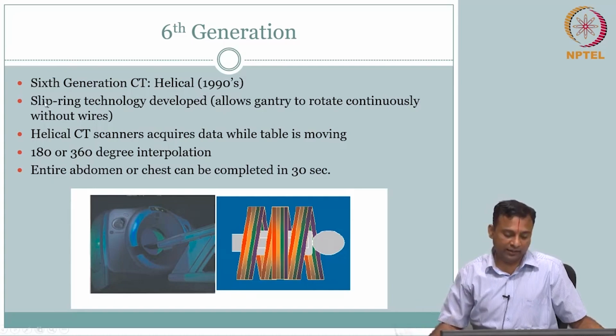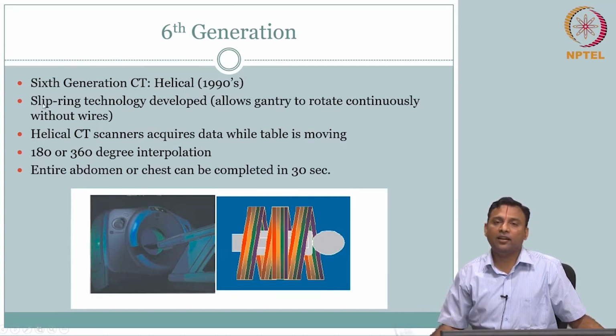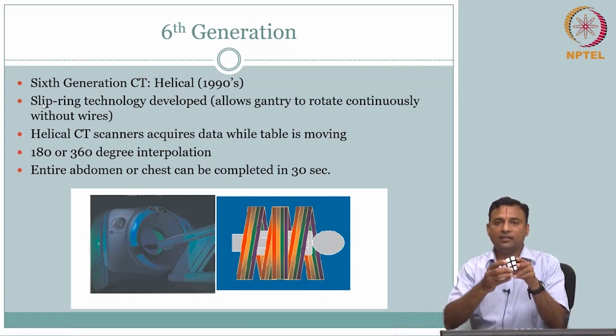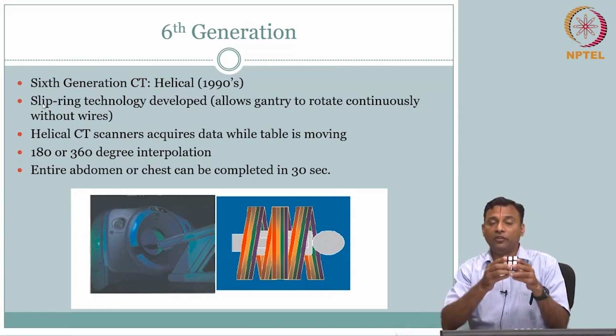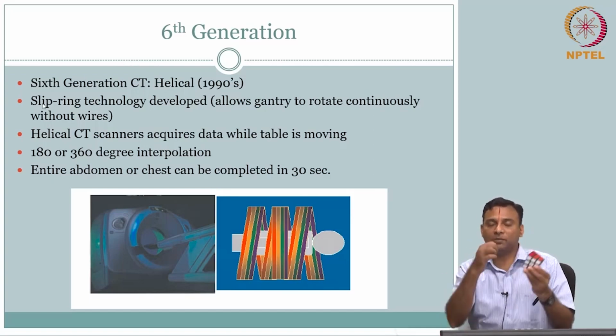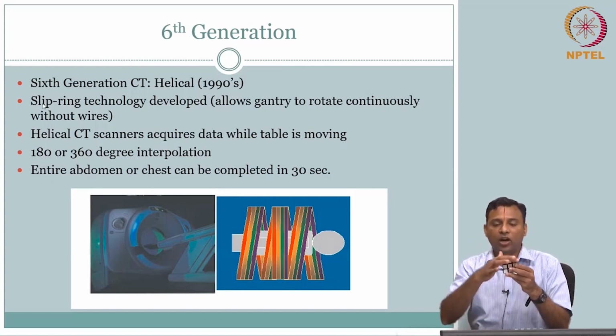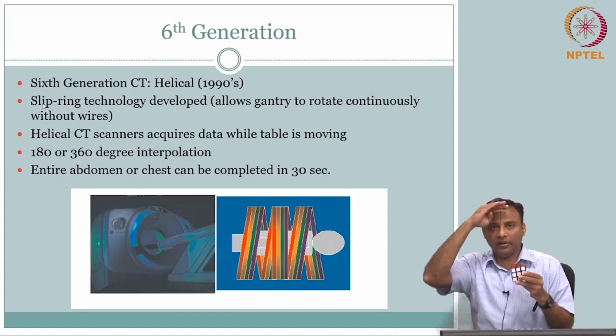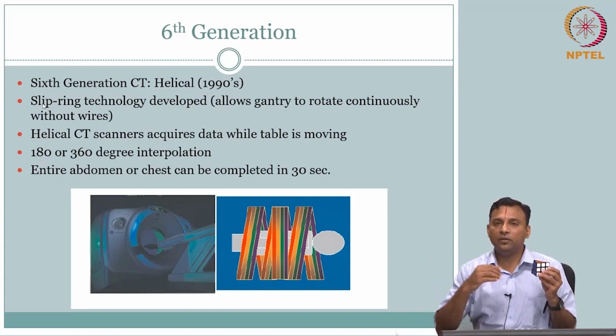Then they looked at it and said, look, I can do this slice, right? When we started, we were translating from left to right and then rotating the whole setup. Now I got one slice. So if I want to go from head to toe, what will I do?